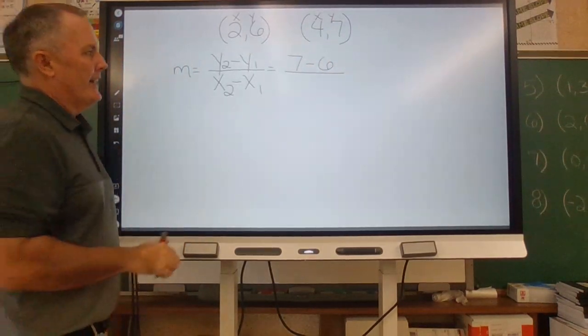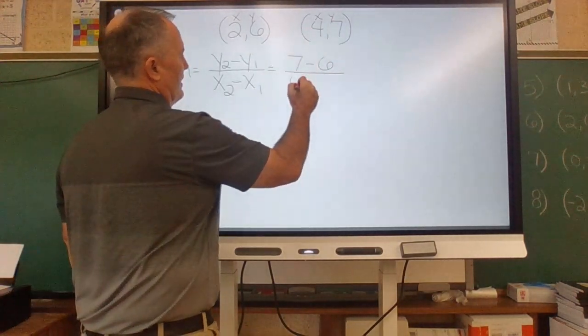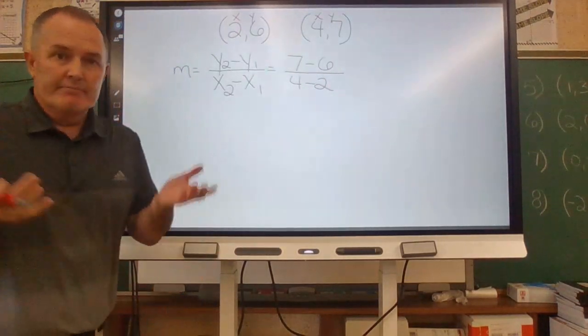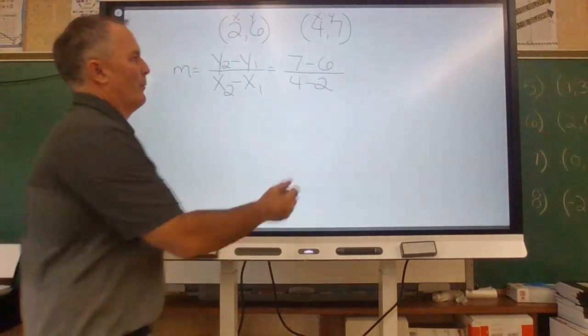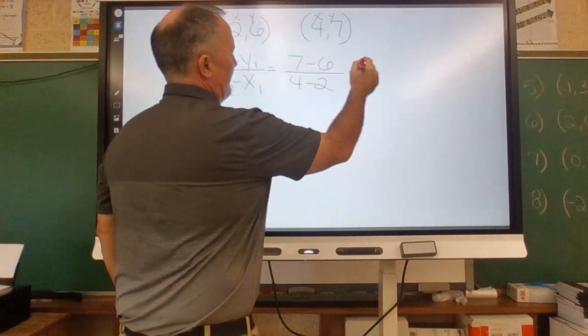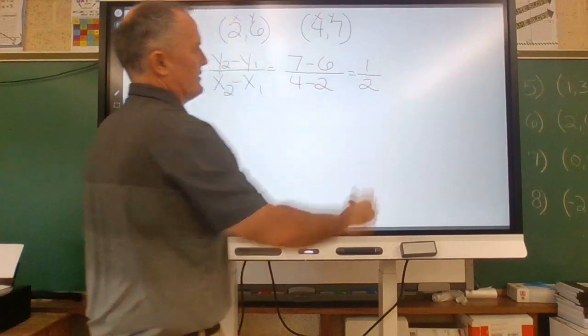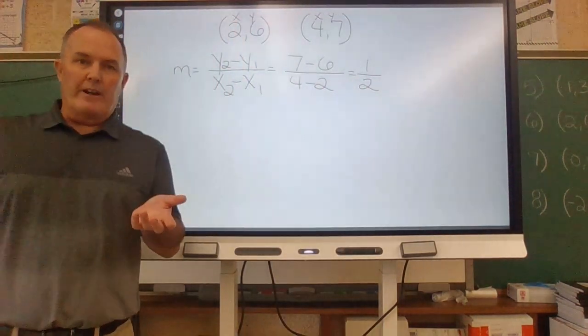Then on the bottom for my x's, my second x is 4, and my first x is 2. Simple enough. We're solving for slope. 7 minus 6 is 1. 4 minus 2 is 2. So I have a slope of 1/2.